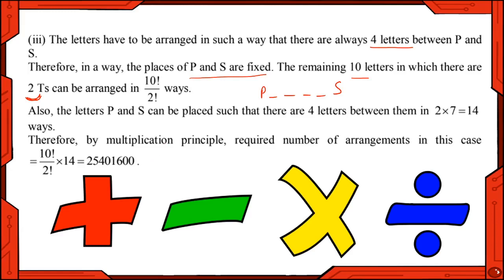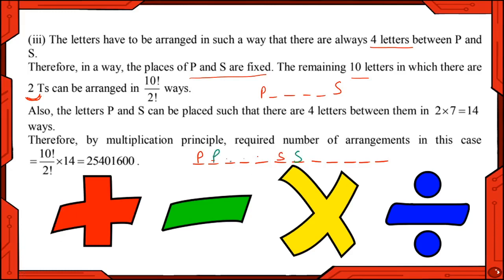Let's not take 4 factorial because there is one more reason here. See, understand students, there are 1, 2, 3, 4, 5, 6, 7, 8, 9, 10, 11, 12. Right, 12 letters. Now, they are saying as per the condition, there are always 4 letters between P and S. So let's say P is here, 1, 2, 3, 4, and S is here. Right, now next possibility can be P is here and S is here.